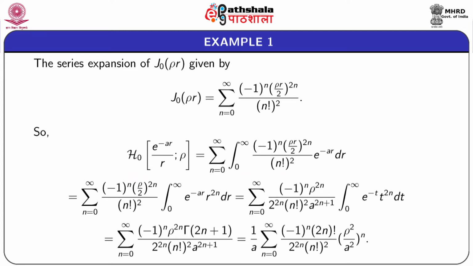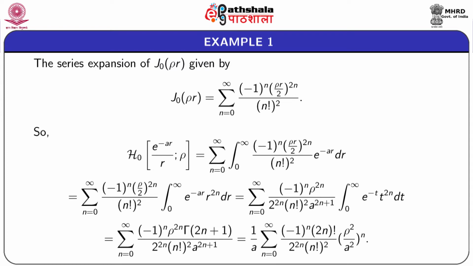This is equal to summation n equal to 0 to infinity (minus 1) to the power n (rho by 2) to the power twice n by (n factorial) square into integral from 0 to infinity e to the power minus ar r to the power twice n dr. Writing ar equal to t, this integral is transformed to integral 0 to infinity e to the power minus t, t to the power twice n dt, preceded by the summation.